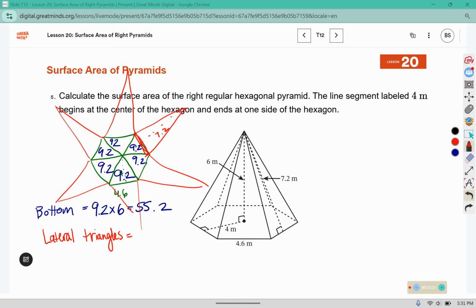So 4.6 is the base, 7.2 is the height, and don't forget we have to use half of that for a triangle. So each of these ones comes out to 16.56. And there are 1, 2, 3, 4, 5, 6 of those.